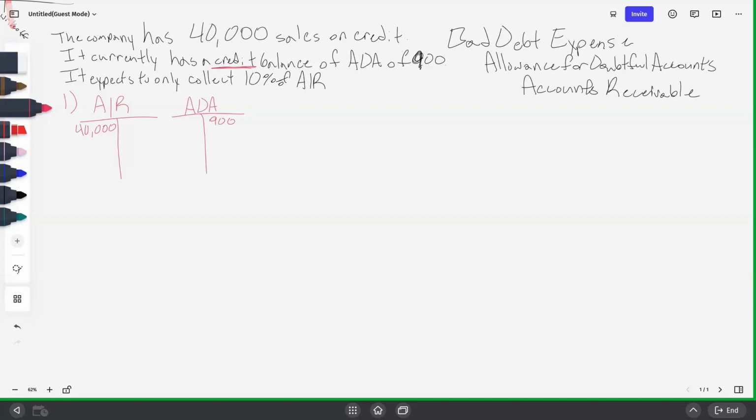So the other value you have to find is, okay, how much do we have to account for? So you take your accounts receivable and you times that by that percentile.